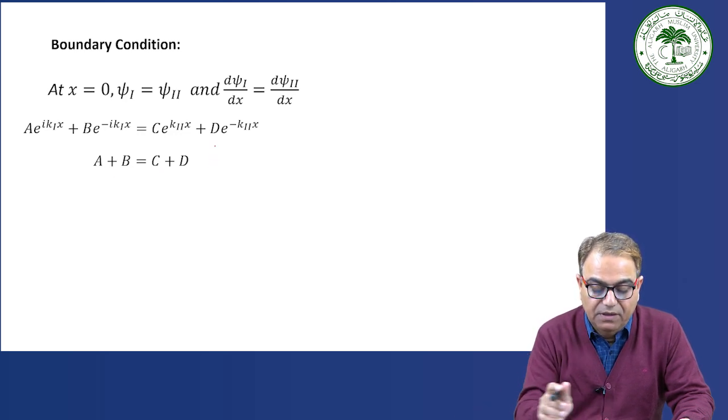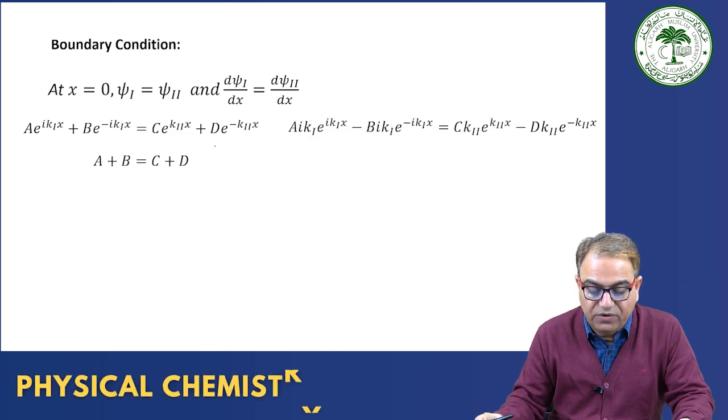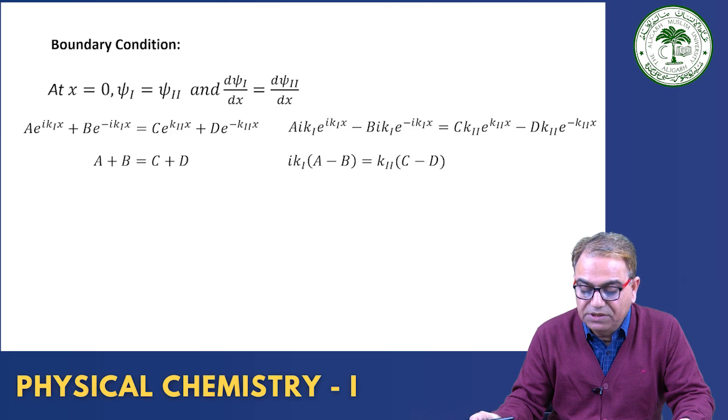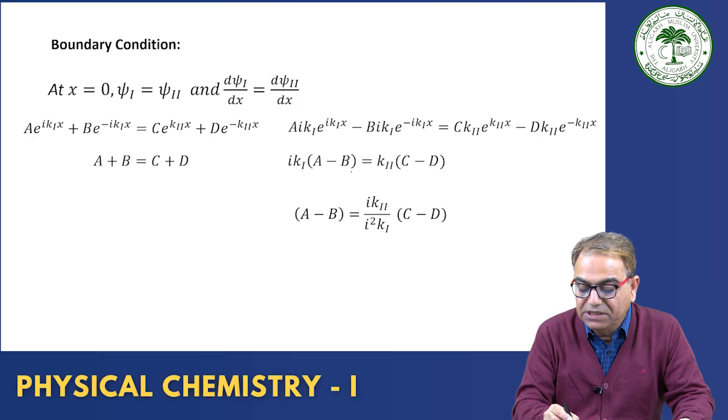Okay, now for the differential terms, if you differentiate, what you get is this one: i k1 (A minus B) is equal to k2 (C minus D).